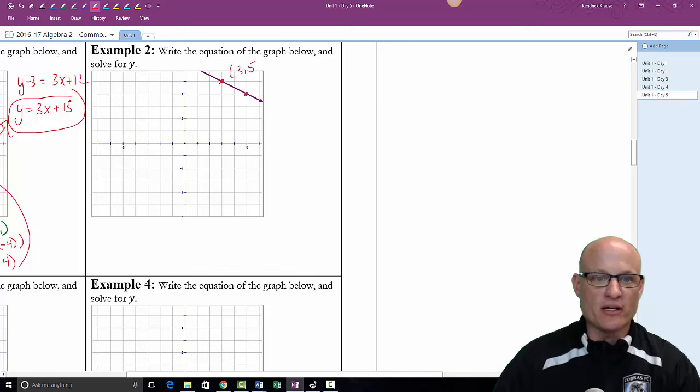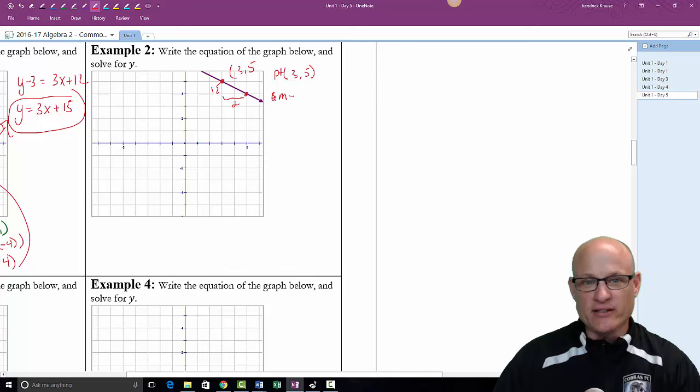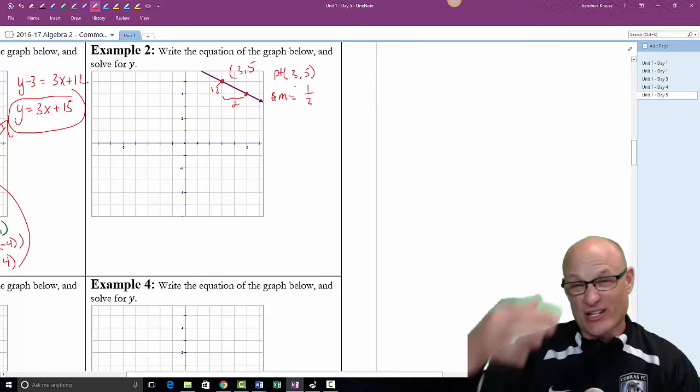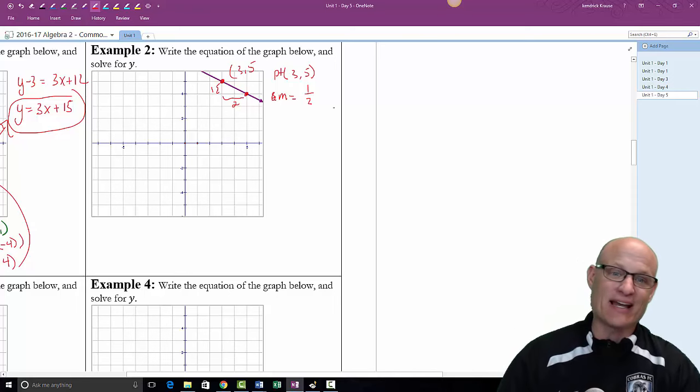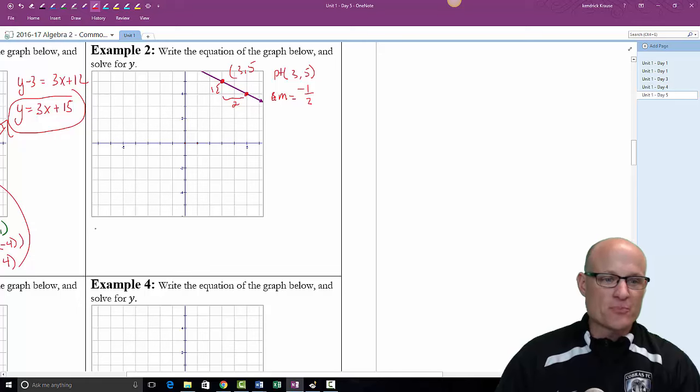Now my slope is 1 and 2. So the point I'm going to use is (3, 5). The slope, or my m value, is down 1 over 2. But wait a second, I said down. It's falling off. That means it's got to have a negative slope. All right, so we're going to use that formula.